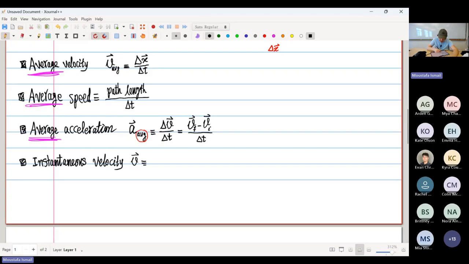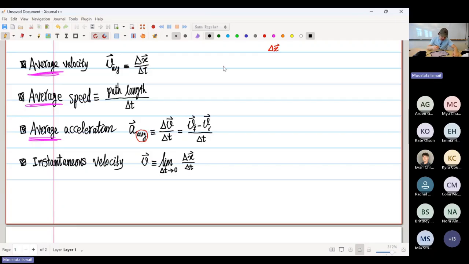And it is defined as the limit, this is the mathematical symbol for the limit, as the time goes to 0 of delta x over delta t. This is just a fancy way to describe what we just said: take an average, but make the time shrink. And when the elapsed time shrinks, this approaches a finite value. This finite value is the instantaneous velocity. We will not use this definition, but we should have an understanding of what it means.